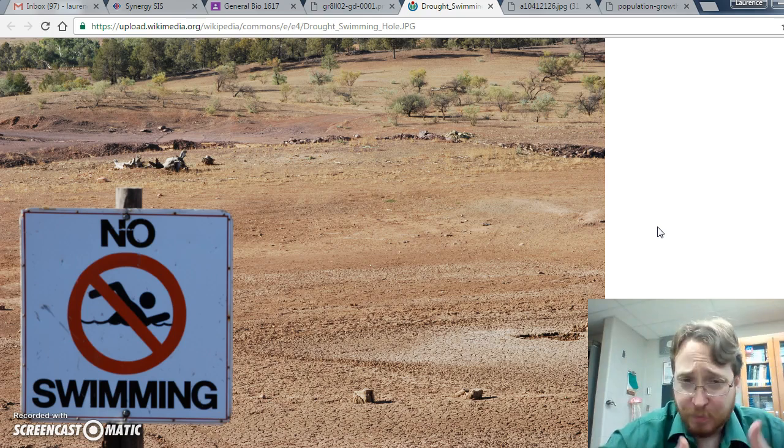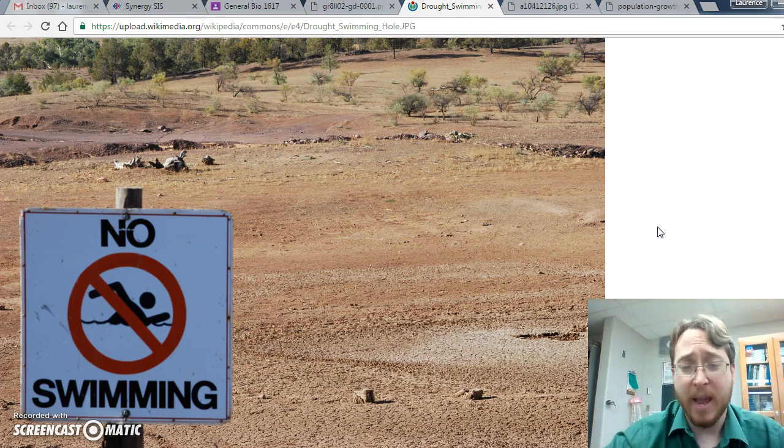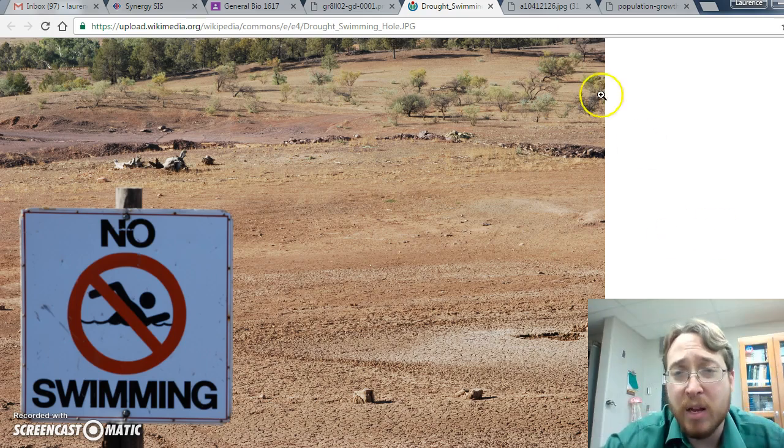Now we can't have enough resources for more deer to grow. We can't go from 6 deer to 8 or 12 or 16 because there's not enough water for more deer. So there's something that limits the growth of the population. It's often a resource, and if there's not enough of it, then the population's not going to grow.